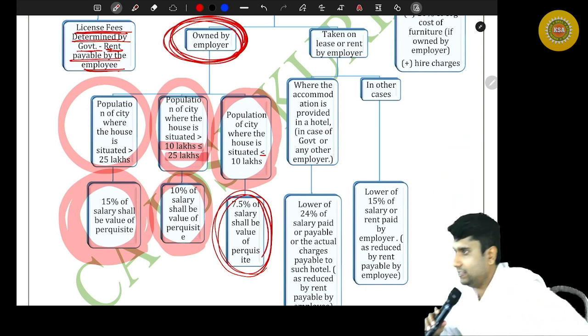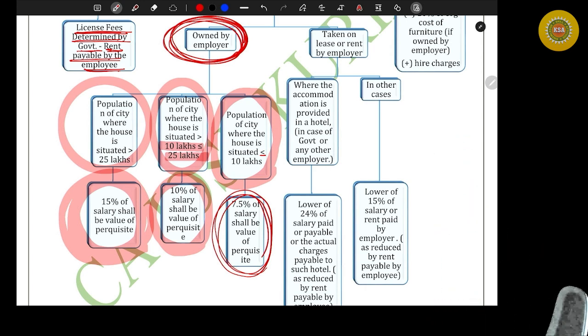So listen friends, very simple. If the house is owned by the employer and the house is in a city where the population is more than 25 lakhs, how do you value the perk? 15% of your salary.